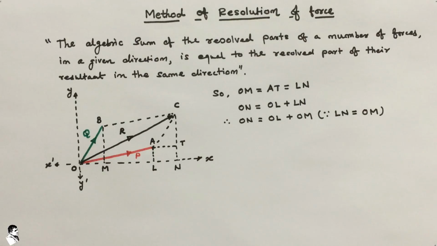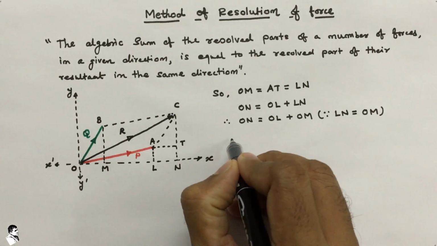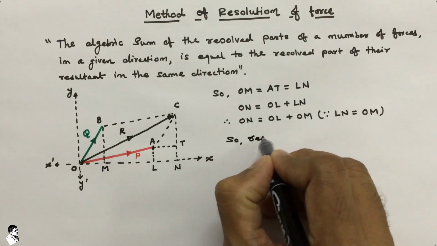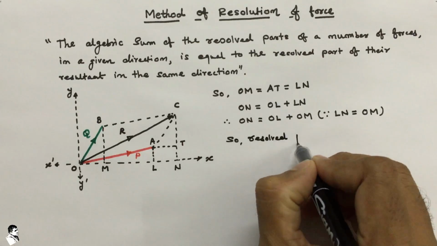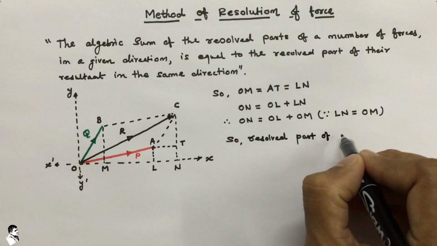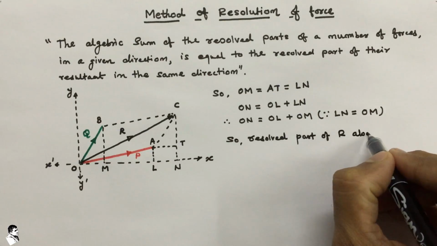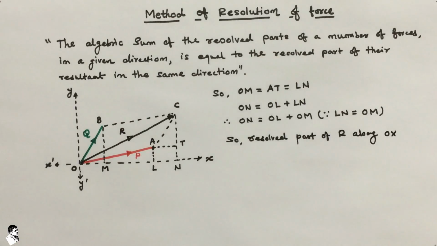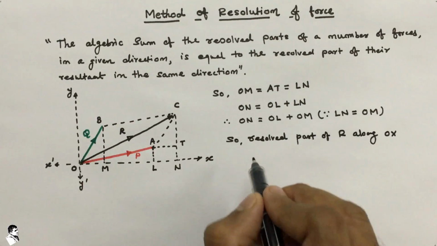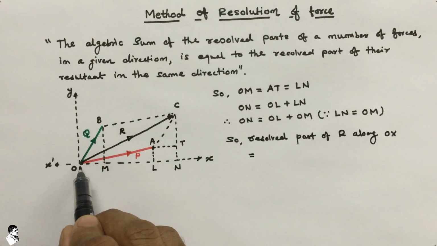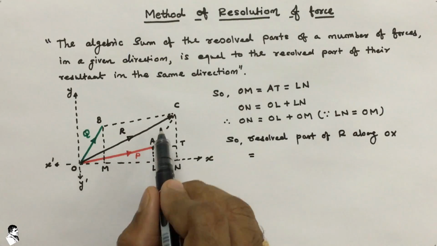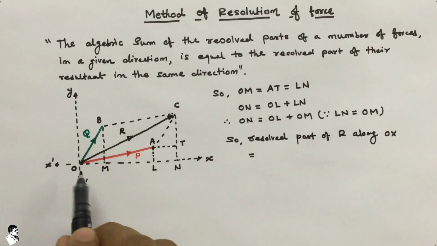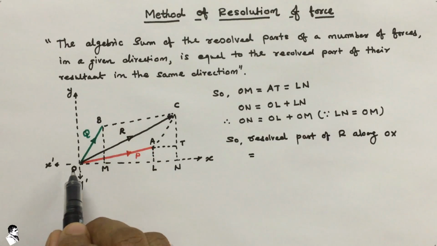Now if we resolve the resultant along OX, or we can say the x-axis, we can write down the resolved part of R along OX. What is that? The total resolved part is ON. Now what is ON? ON is OL plus OM.